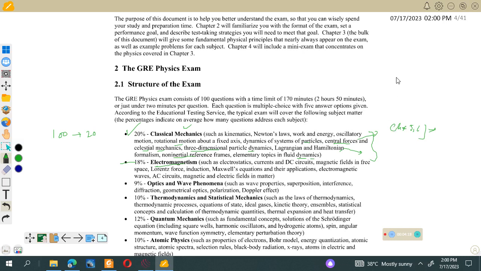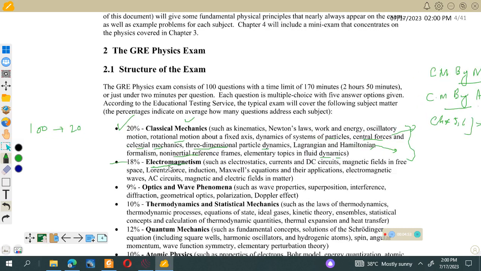These are the two books: Classical Mechanics by Marion, and similarly Classical Mechanics by Arya. These two books will help you with Lagrangian and Hamiltonian and three-dimensional particle dynamics. And the next is electromagnetism.